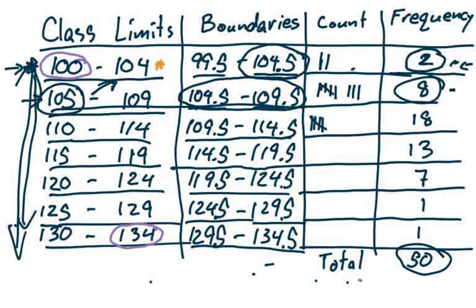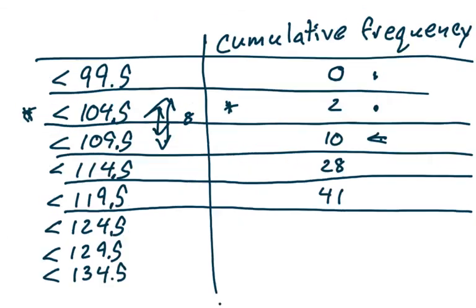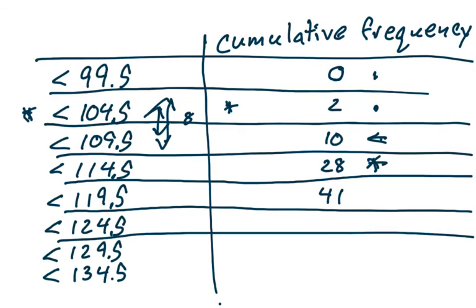The next value, what's it going to be? Let's see, 2 plus 8 plus 18. That's where I got this 28 from. Continuing on, we add the next value to get the subsequent value for our cumulative frequency.